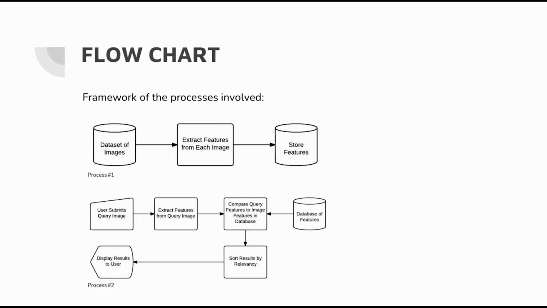Process two involves the submission of the user query image, after which we're going to extract the features from the query image and compare the query image features to the image features in the database. The database features are also going to get sorted according to their level of relevancy, and we're going to display the results to the user in the final process.